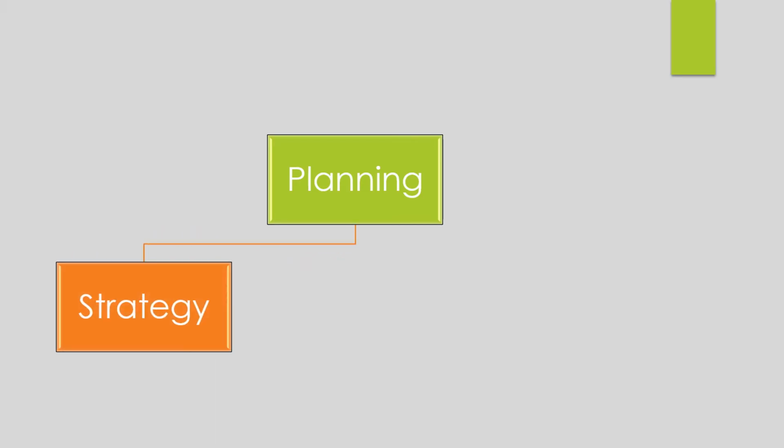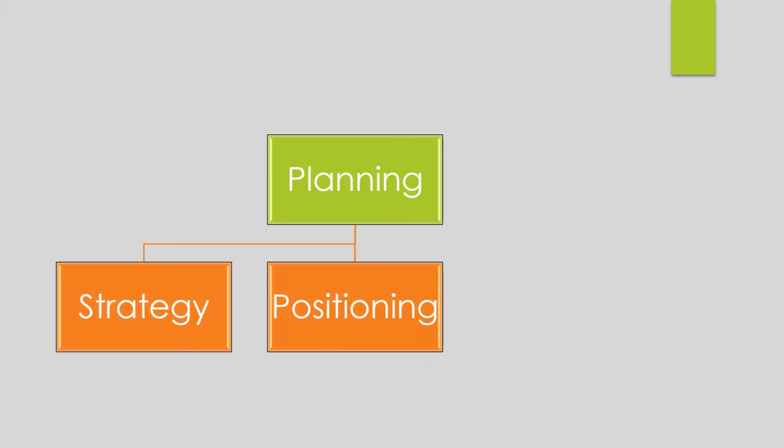Most organizations' main objective is to earn profit or minimize cost. A business must plan for success. Planning must occur at all levels. Planning can be used for strategy making, positioning, as well as budgeting.